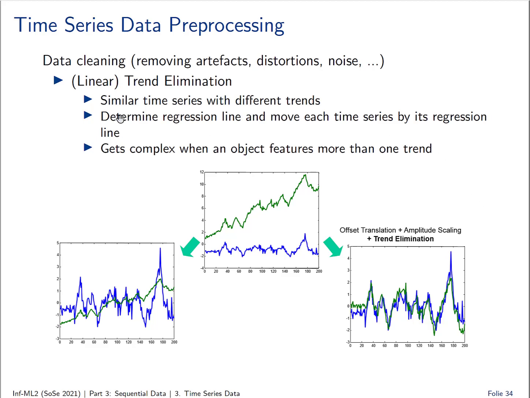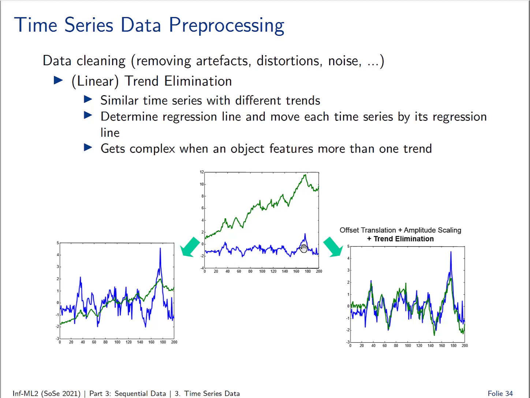Another one that we want to show you, among many other things, is trend elimination, at least linear trend elimination. That is good if you have similar time series, but they have different trends. You see here the green one and the blue one have a kind of similar behavior, but they have a different trend. The green one has a positive trend, and the blue one has, so to say, a zero trend.